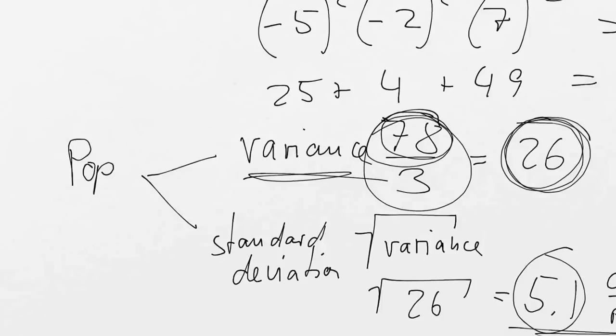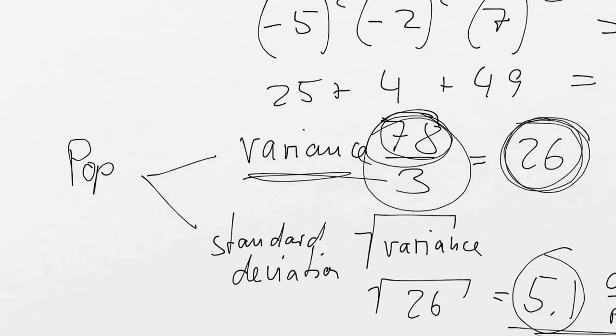If you just want to summarize your data, you just use a population. If you want to know how your sample fits into the others, and if you want to get an idea about the others, then you use the sample standard deviation. Does that make sense?